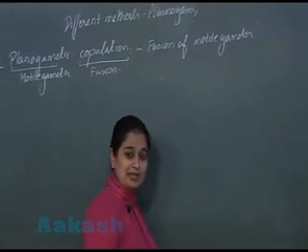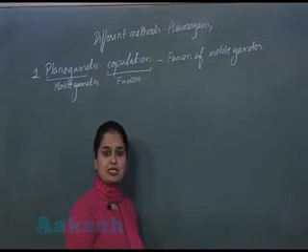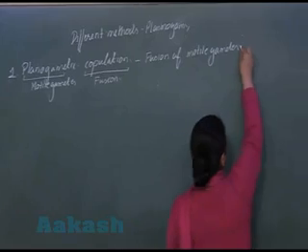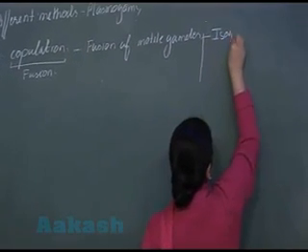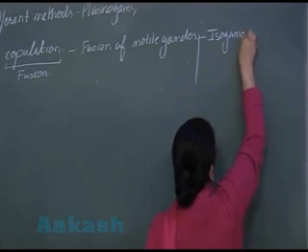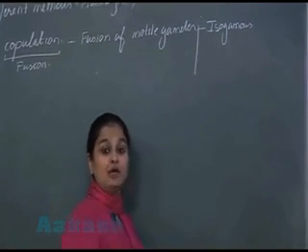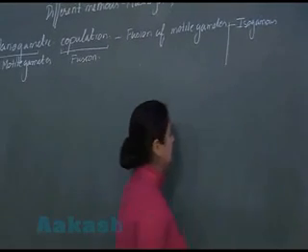This planogametic copulation can occur through three methods, or you can say planogametic copulation is of three types. It can be isogamous, which we have studied in the previous lecture. Isogamous involves fusion of gametes which are morphologically similar.